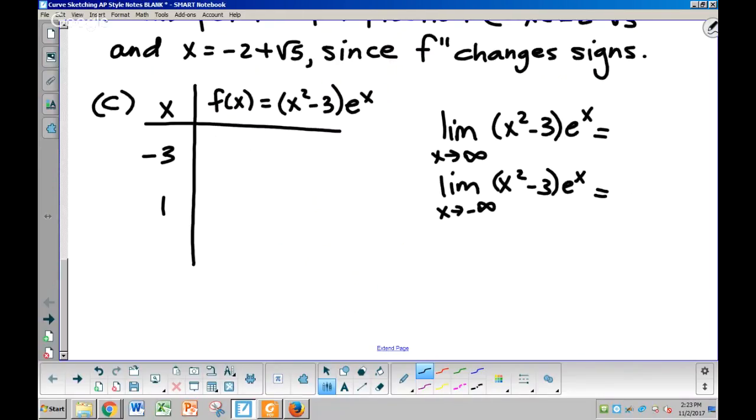So what happens when I take the limit of my function as x approaches infinity? It's going to be something very large squared and e to the something large. It's positive. It's just very large. What happens when I plug in negative infinity?